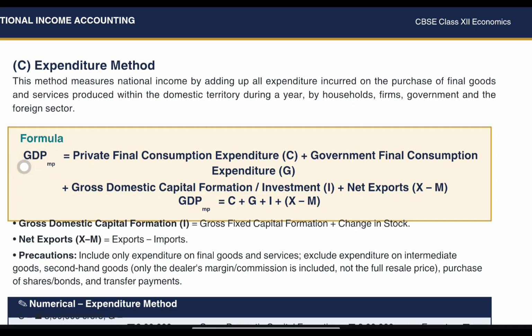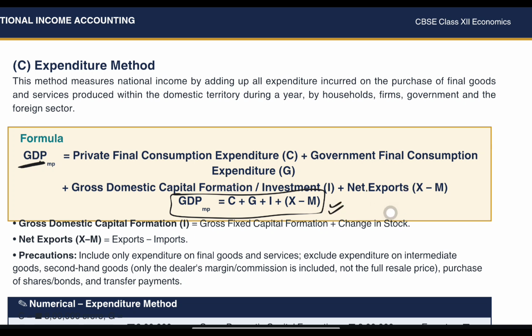So from the expenditure method we will get GDP. So GDP is equal to private final consumption expenditure plus government final expenditure plus investment plus net export. Got it? So GDP at MP, the short formula for this is C plus G plus I plus net export.